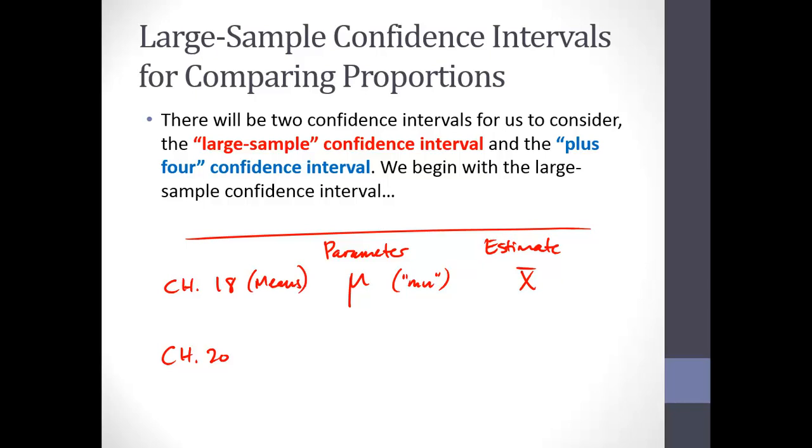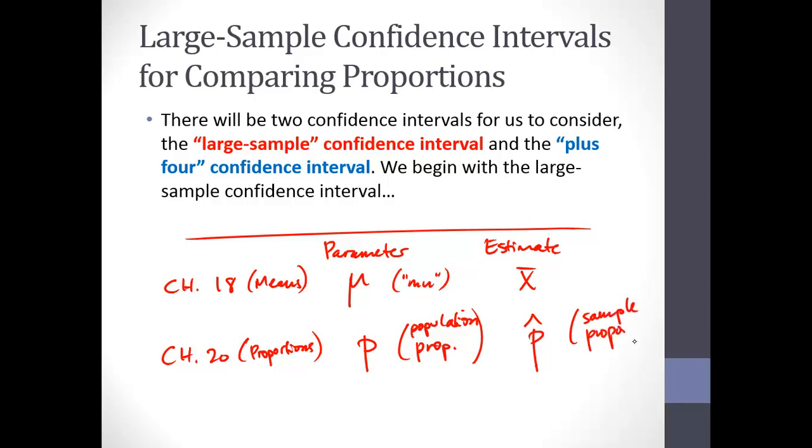And we have the same idea here. We're using the same letter, which I guess is definitely more confusing. But down here with proportions, we're estimating p, which is the population proportion, and we're estimating that with p hat, which is the sample proportion.